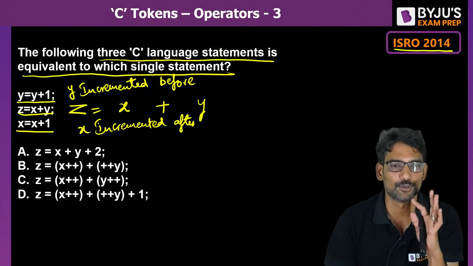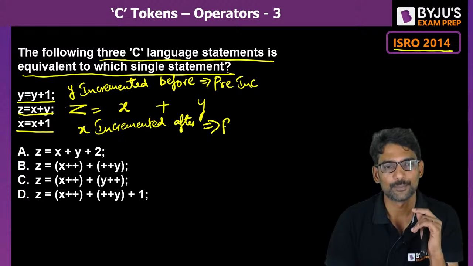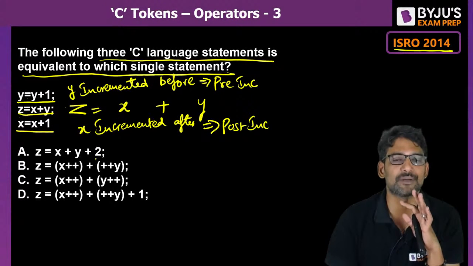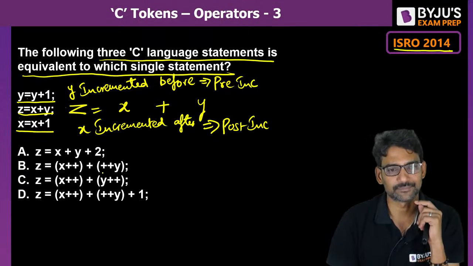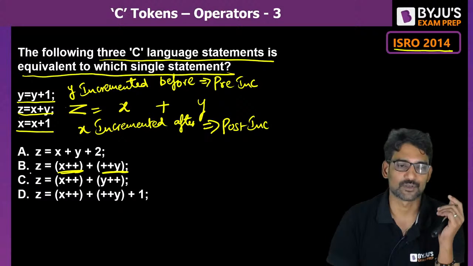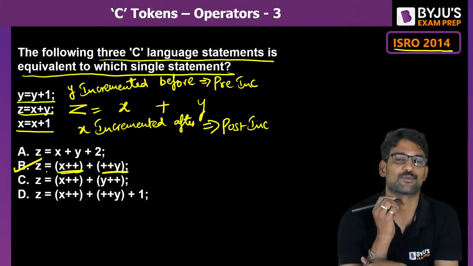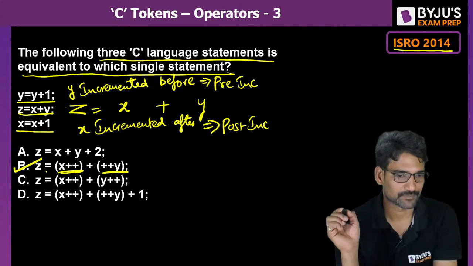So it should be pre-increment, this should be post-increment, right? So where we have pre-increment of y, post-increment of x, pre-increment of y, post-increment of x. So z is equal to x plus plus y. Got it?